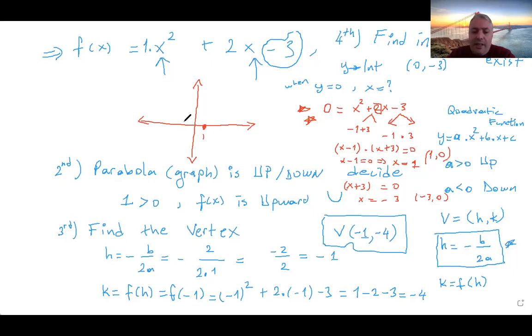X is -3, Y is 0. X is 0, Y is -3. Okay? Now, is the parabola up or down? Up. So, simply, this is the graph.